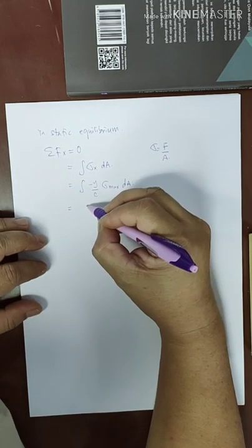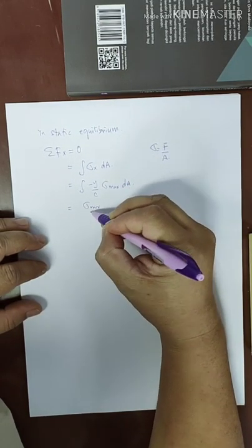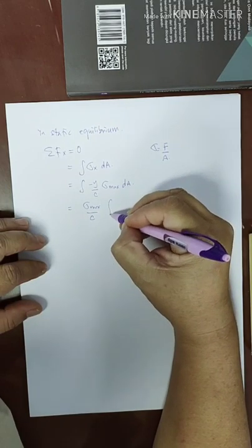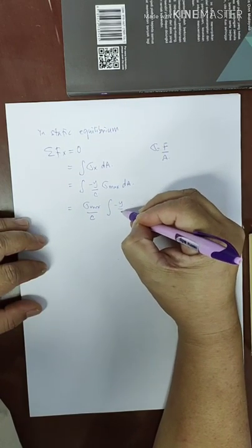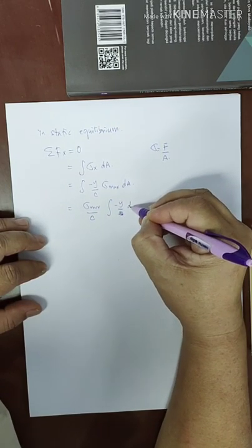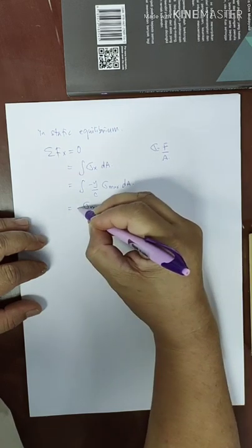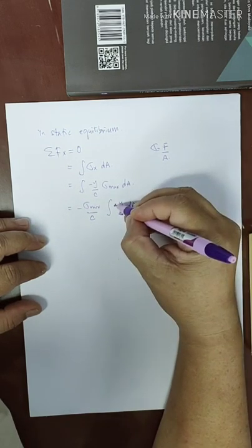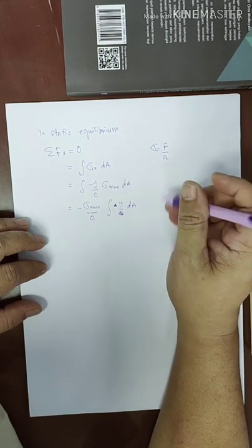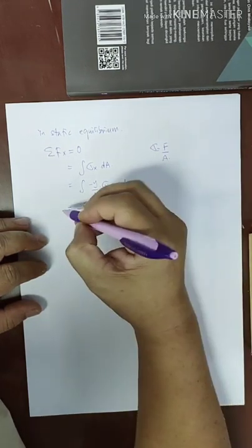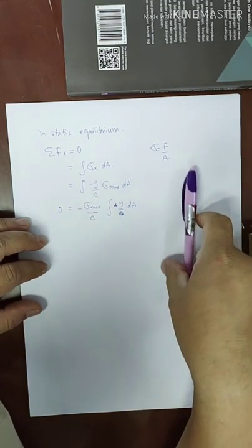So we can put the constant outside, negative sigma max over c, integration of y dA, which must be equal to 0.